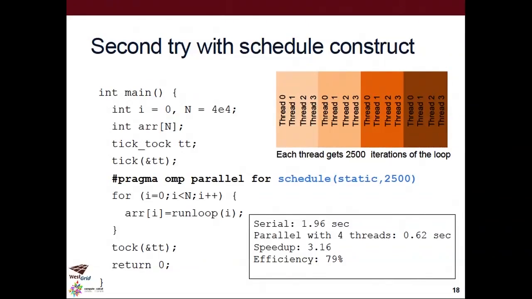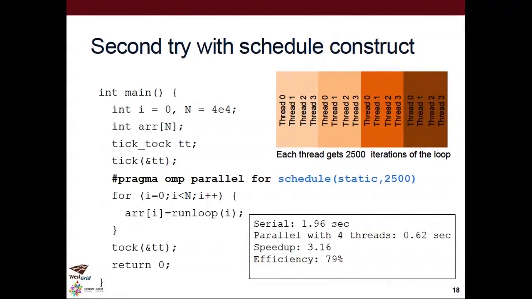And if you go to the same code that you did and add this schedule after parallel for, and you run it, you will see that you are getting some better speed up and your code runs faster.